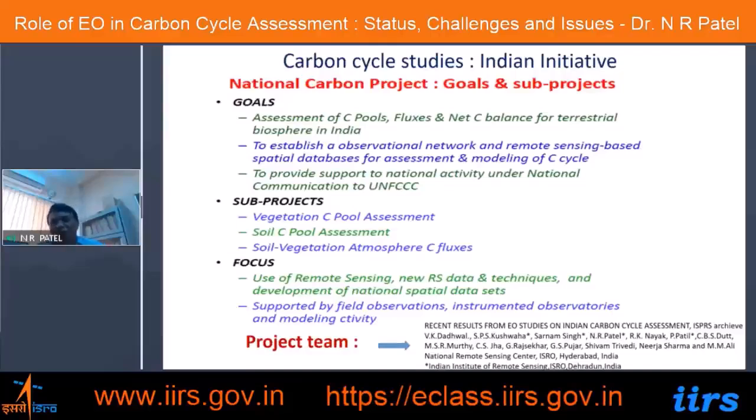So finally, all observations, field survey, ground survey, plot scale measurements on biomass, soil carbon or fluxes are integrated to develop an integrated modeling system for generating a spatial database of carbon cycle components.